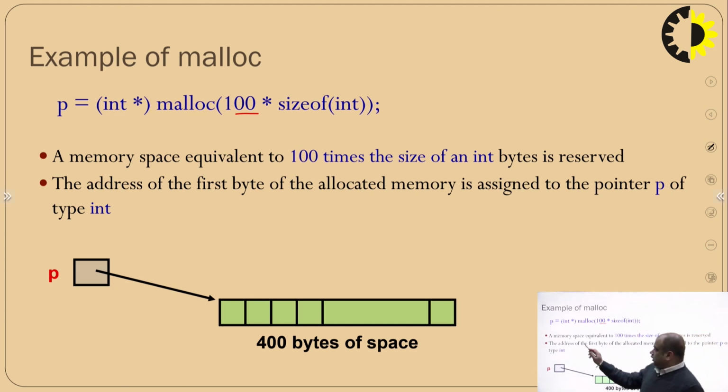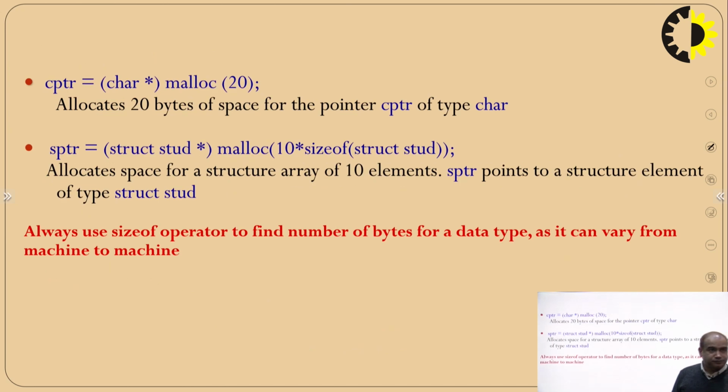So the total size of 400 bytes will be reserved, but it is not actually reserved until we use it; when we use it, that number of elements will be reserved. So a memory space equivalent to 100 times the size of int bytes is reserved, and the address of the first byte of the allocated memory is assigned to the pointer p of type int. So 400 bytes of space will be reserved.